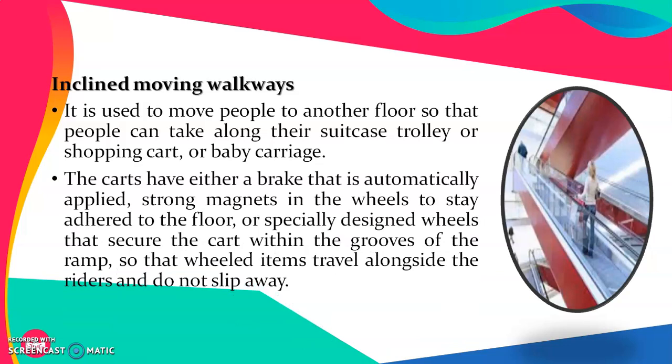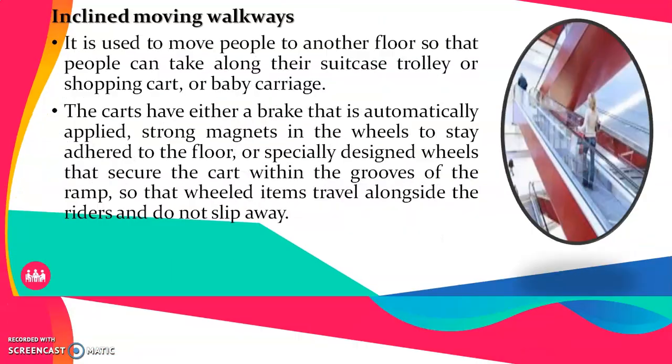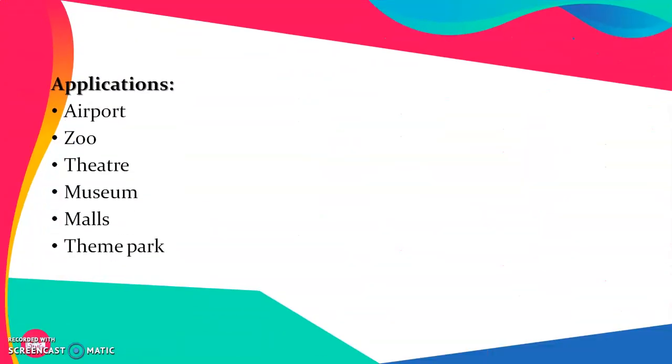The carts have either a brake that is automatically applied, strong magnets in the wheels to stay adhered to the floor, or specially designed wheels that secure the cart within the grooves of the ramp so that wheeled items travel alongside the riders and do not slip away. The applications of such walkways include airports, zoos, theatres, museums, malls, theme parks, etc.